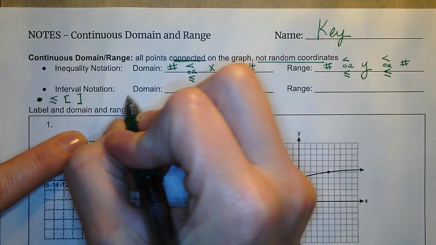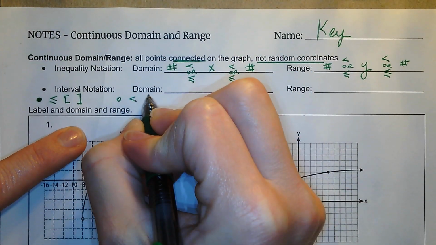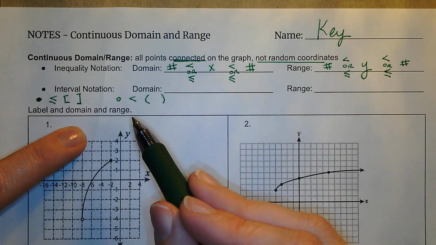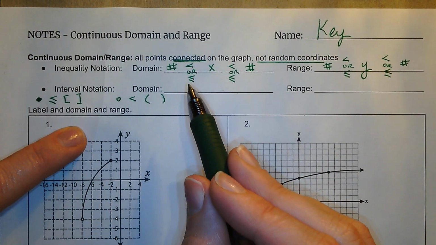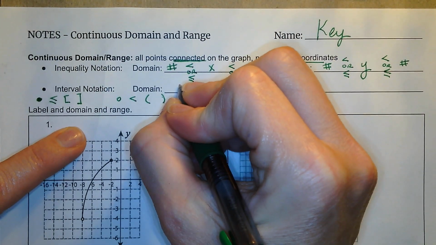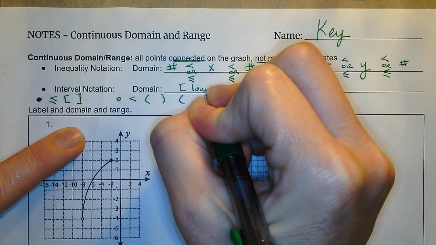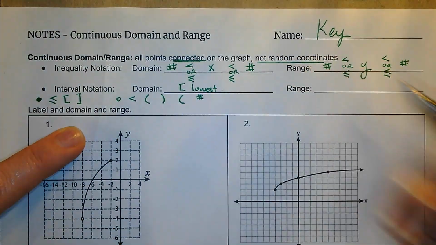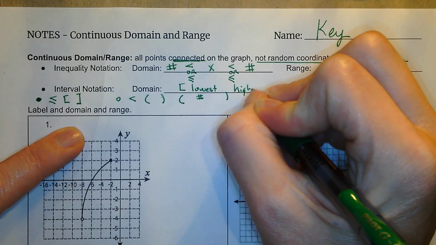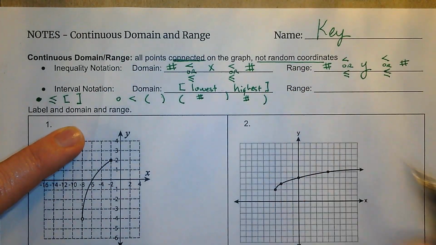Okay, so if it is an open circle, that means it is less than, or if we're doing our parentheses or interval notation, we're going to be using parentheses instead of our equal to. Okay, so we will have either a bracket or parentheses with the lowest number. We put a comma, and then we put the highest number with, again, bracket or parentheses on that end.